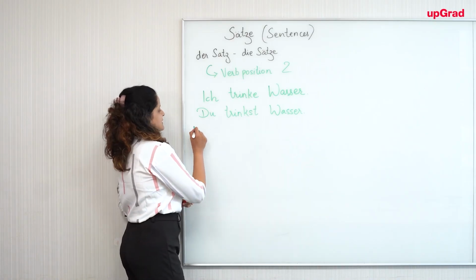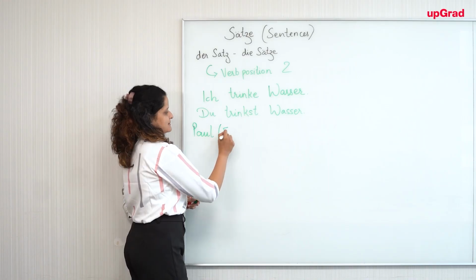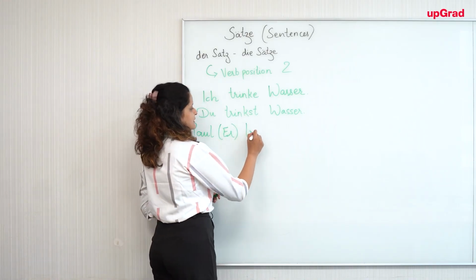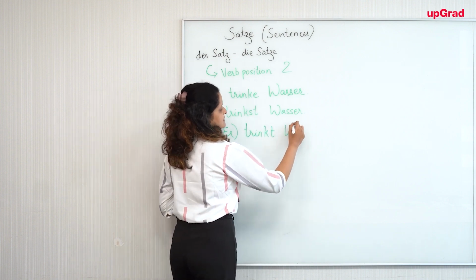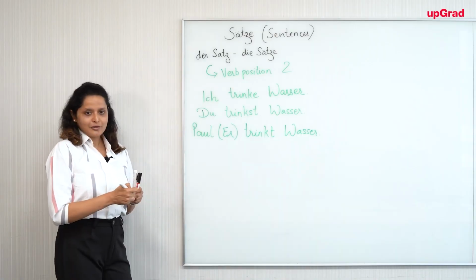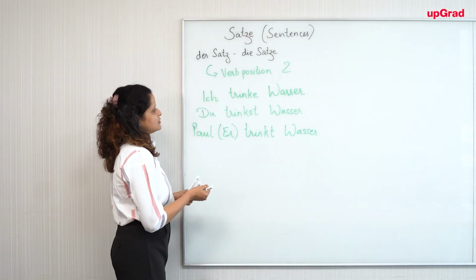If I want to say Paul, that is my third person masculine, so to say er. So this becomes er trinkt Wasser.